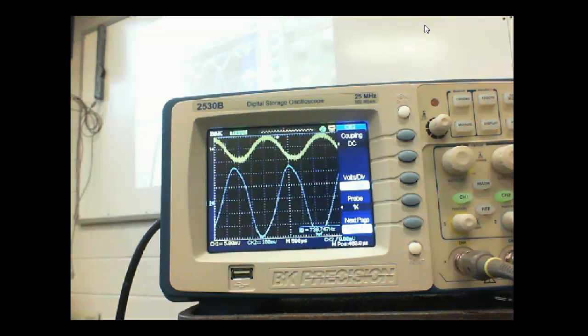So we got 560 out, we got 10 in. 560 millivolts out, so I can do that in my head. That's a gain of 56. That's the measured value.